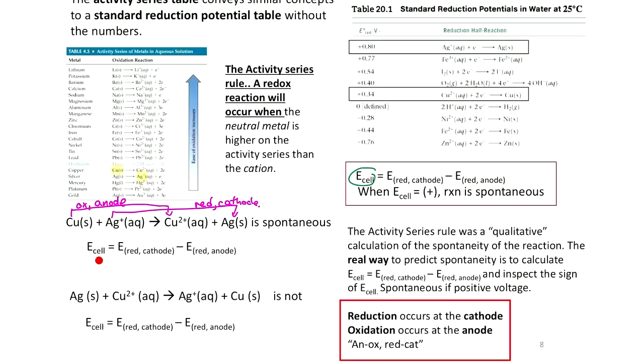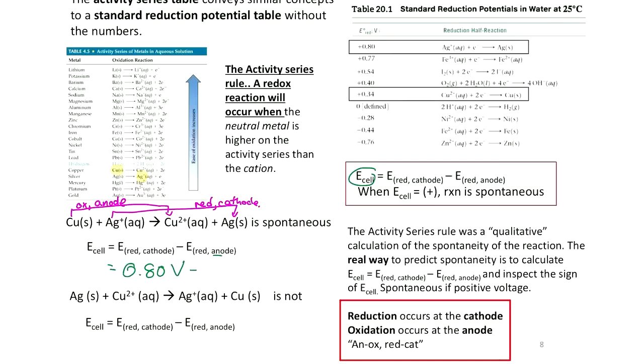Okay, cell potential is always the reduction value from the table of the cathode minus the reduction potential of your anode from this table. So we're going to take the value of our cathode, which is silver. So what is that? 0.8 volts minus our anode.